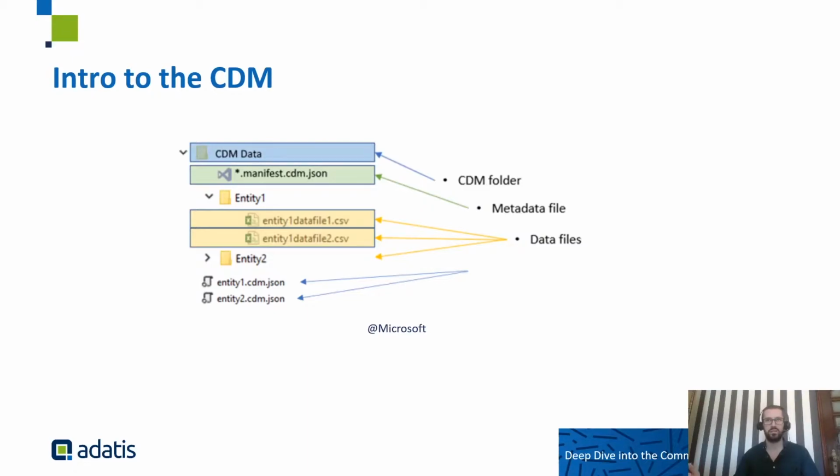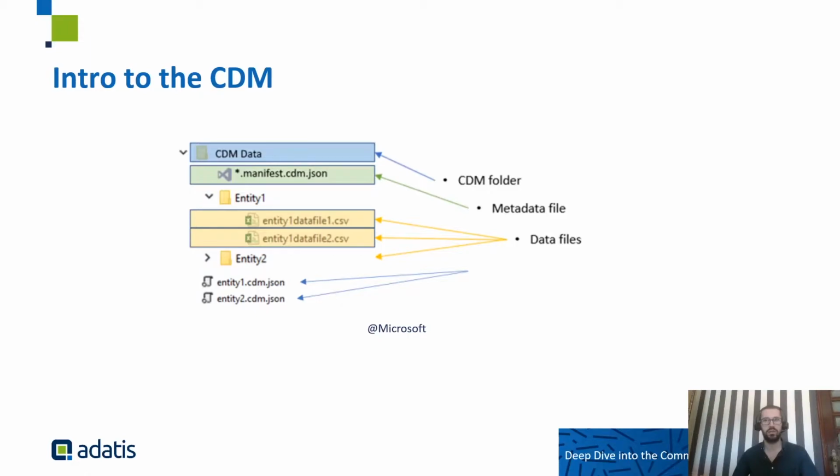The manifest.cdm.json file contains information about the content of the CDM folder, the entities comprising the folder, the relationships and links to the underlying data files. The main difference to the model.json is the possibility to create multiple manifests stored in a single folder, providing the ability to scope data for different data consuming solutions.